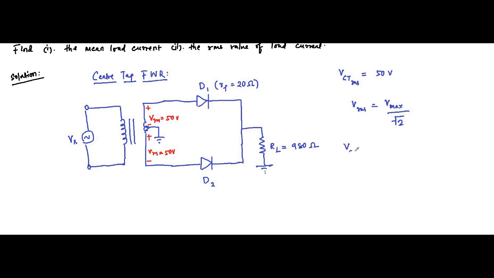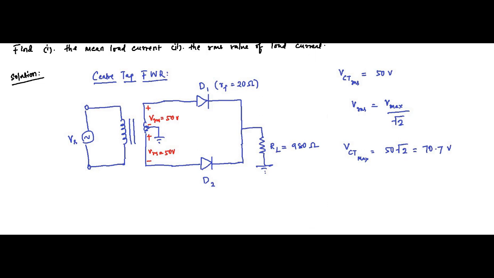So the maximum value is equal to 50, the RMS value of the center tapped voltage, multiplied with root 2, which comes to around 70.7 volt. This is the maximum value, and this is very important. The maximum value is 50 root 2 or 70.7 volt.